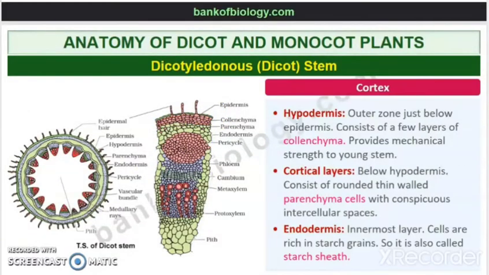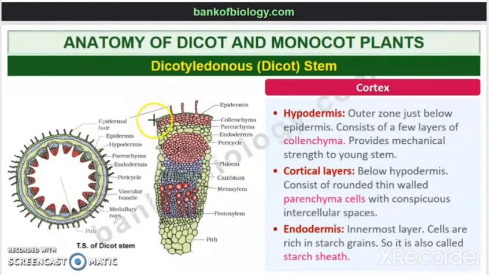So if you see the first part of this cortex, which is the hypodermis, it is the outermost zone just below the epidermis. After the epidermis, the stem has the type of cell which is called collenchyma. Right, so just below the epidermis, it consists of a few layers of collenchyma, and this layer is called the hypodermis.